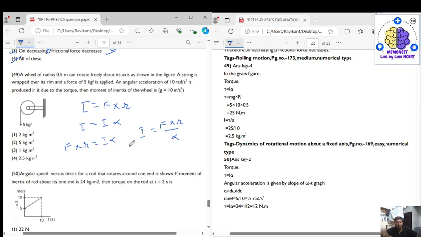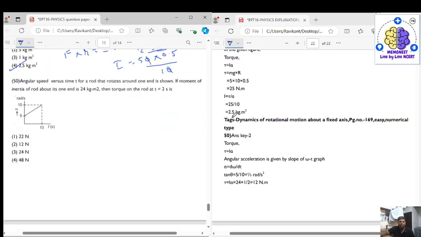F is equal to 5 kgf, that is 50, because g is being taken as 10, into R. Radius is 0.5 upon alpha, which is given as 10. So this cancels, and you get 2.5 kg meter square. So the correct answer is option 4. Next question number 50, last question.